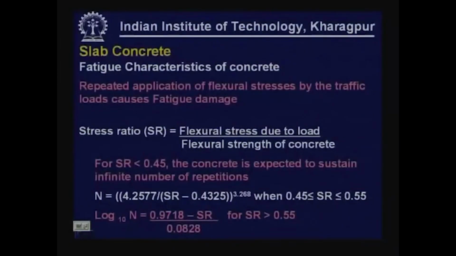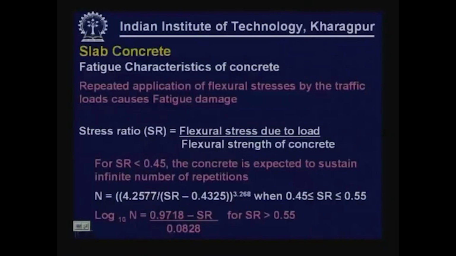For a stress ratio of 0.45, if the applied load is of such magnitude that the stress ratio would be less than 0.45, then it is expected that the concrete will be able to sustain an infinite number of repetitions of that particular magnitude of load. So, if the same load or even lesser loads are applied repeatedly any number of times, it is believed that the member will not fail in fatigue mode.